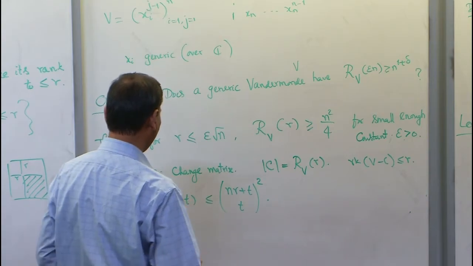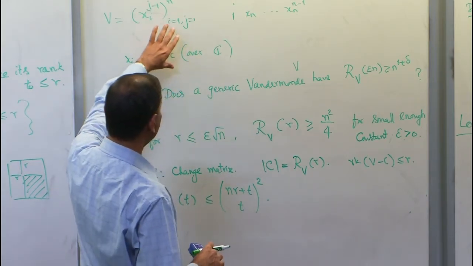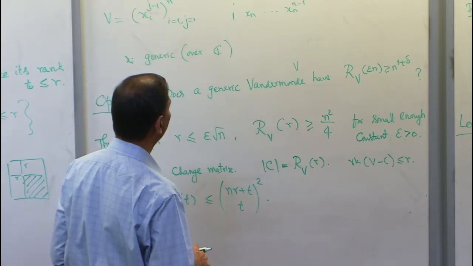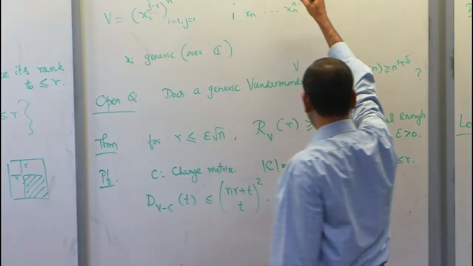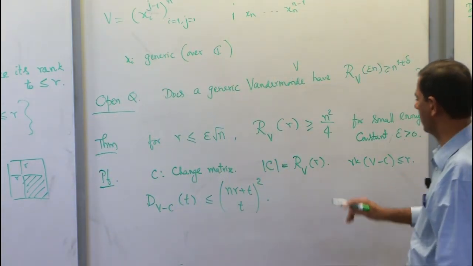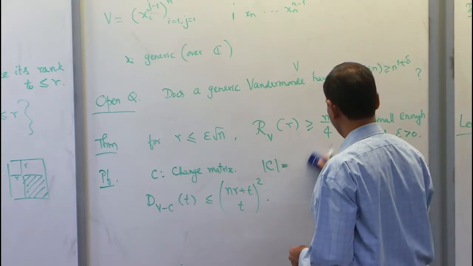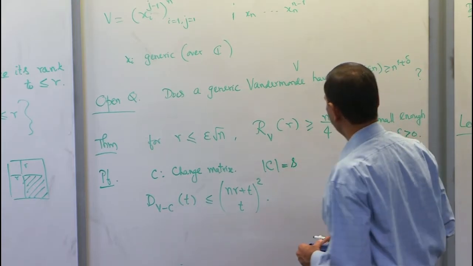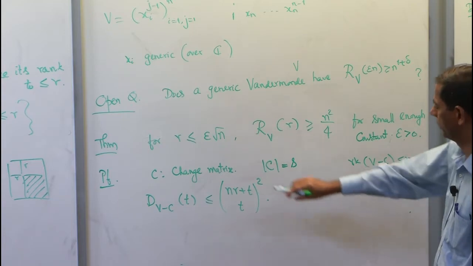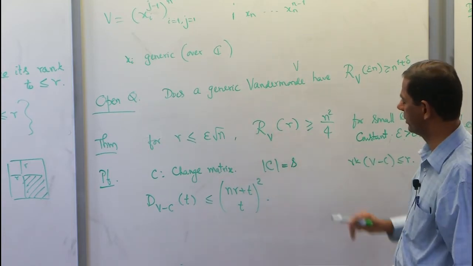Now we want to prove a lower bound on this using the genericity of the Vandermonde matrix. Let me call the size of the change matrix S, so that I don't have to write the whole thing. S is the rigidity.